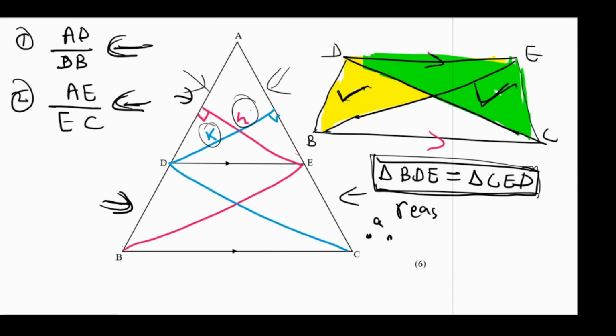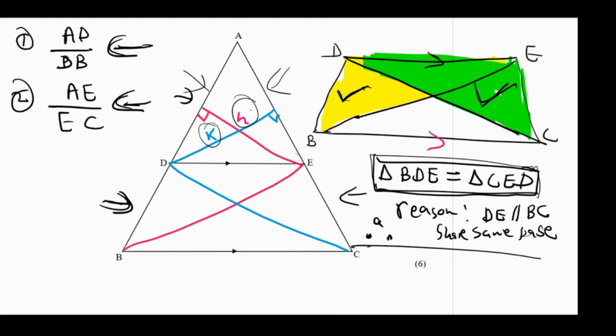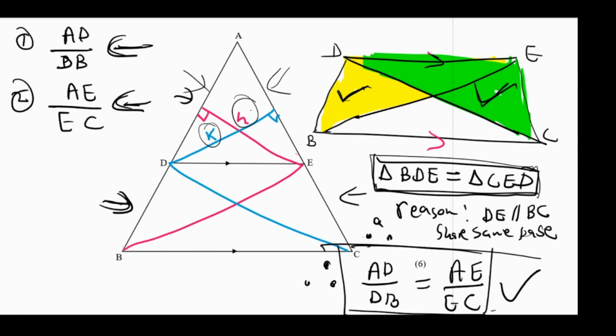The reason would be that DE is parallel to BC, and you can say they share the same base. So that is the reason for this portion here. And then you can conclude and say, therefore, AD over DB is equal to AE over EC. So that would be the final solution for this problem here.